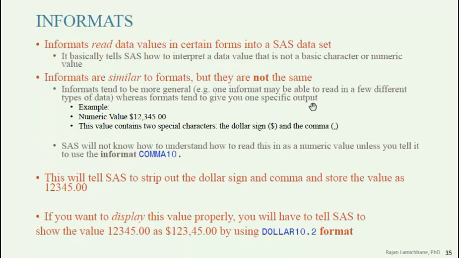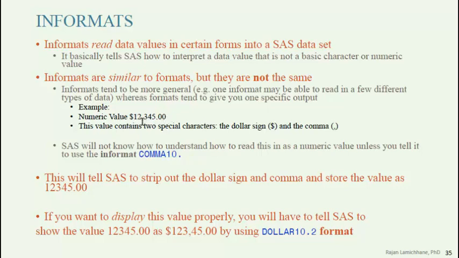As formats display the data, informats read the data. When you create the data from a text file or rich text file, you can use informats to record the data. Suppose you have data written in dollar format, like $12,345 and up to 2 decimal places.